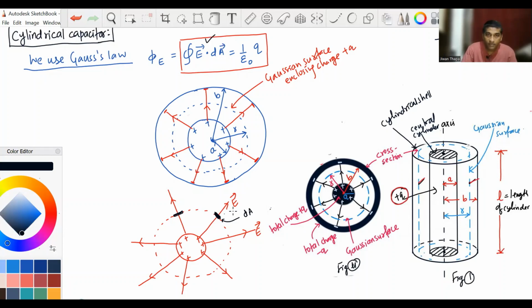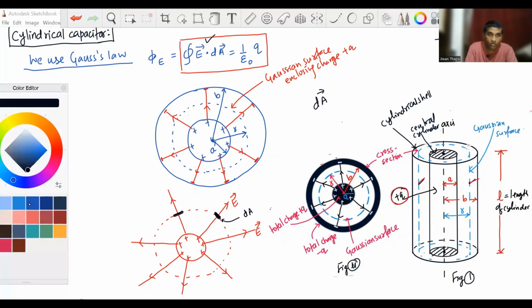Now we can express area in terms of vector. In order to express area as a vector, we need to draw a unit normal on the area. So let n cap be the unit normal drawn on this elementary area, and unit normal gives the direction of vector area dA.